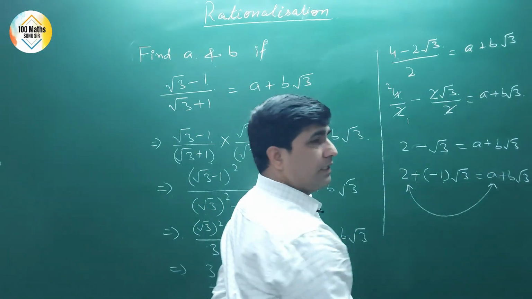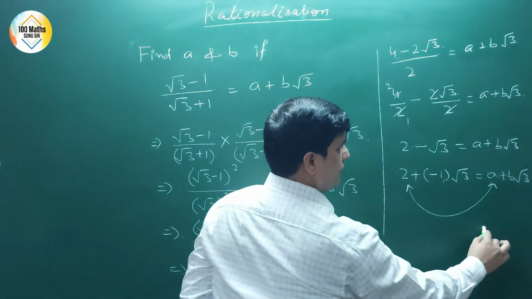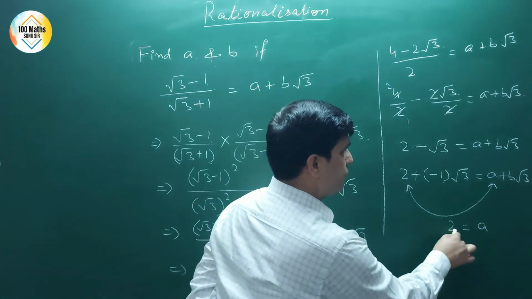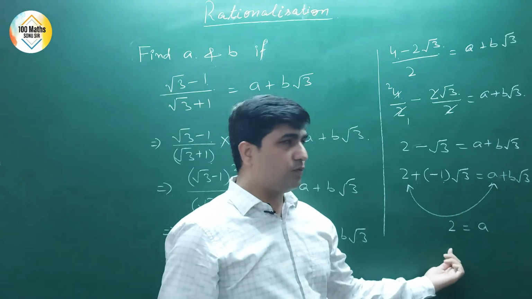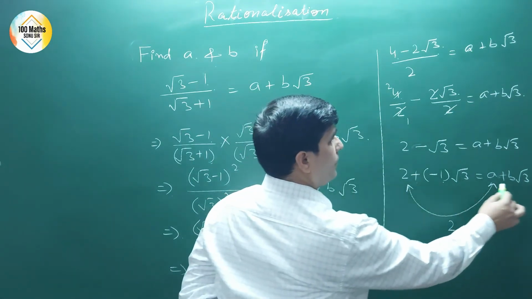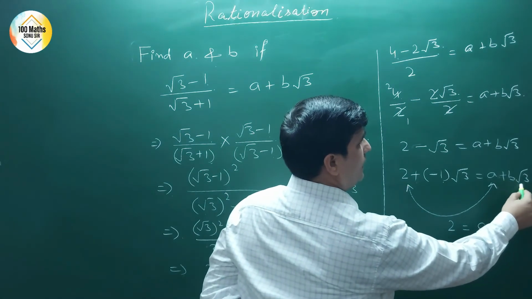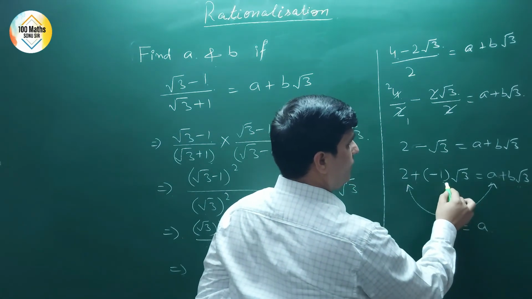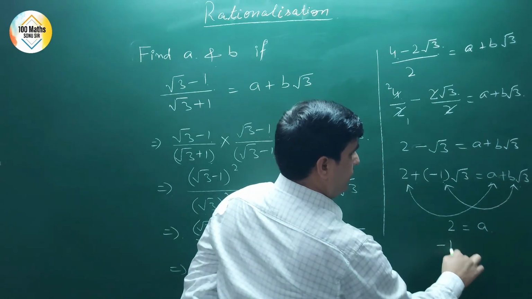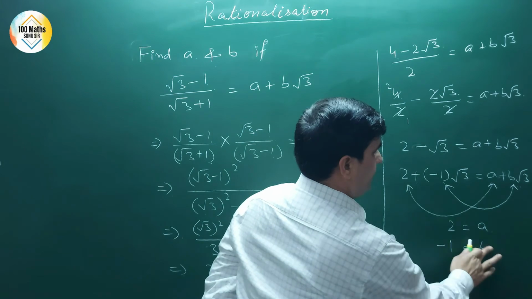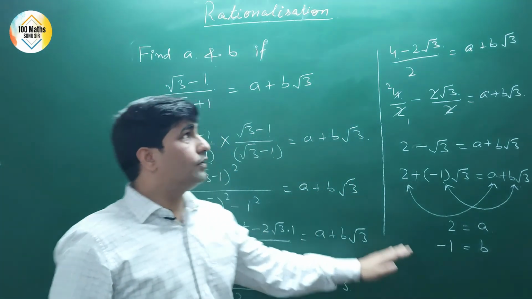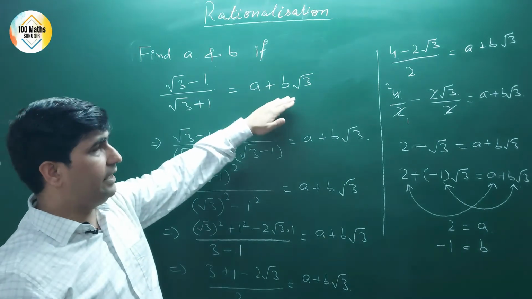The first term of this expression is a, and what is the first term of this expression? It is 2. So the value of a is 2. And compare the second term. The coefficient of root 3 here is b and here it is minus 1. So minus 1 is equal to b. So the question was this, find a and b.